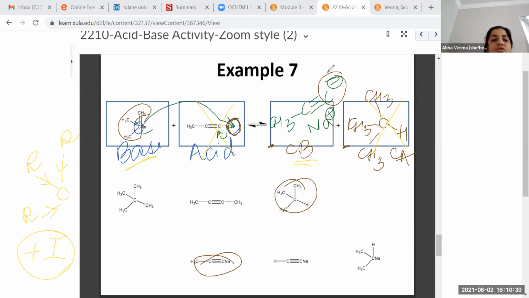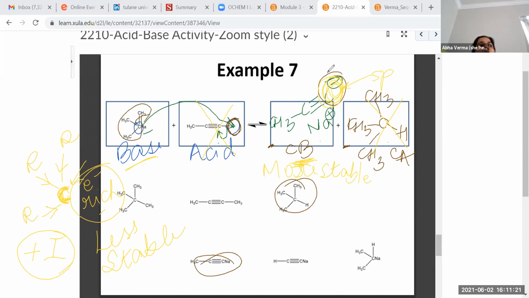They push electrons away from them, making this carbon super electron rich. Electron rich, less stable. So the concentration of electrons is on the carbon. The electrons are localized, not delocalized, not spread out. On the other hand, if you look at this conjugate base, the sp orbitals will stabilize the negative charge, making this conjugate base more stable.